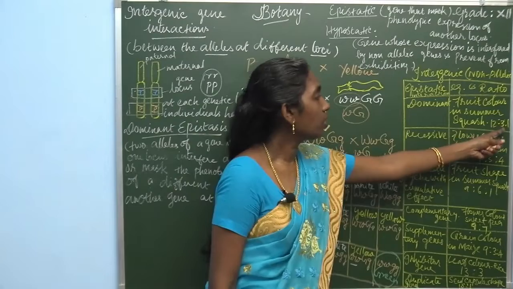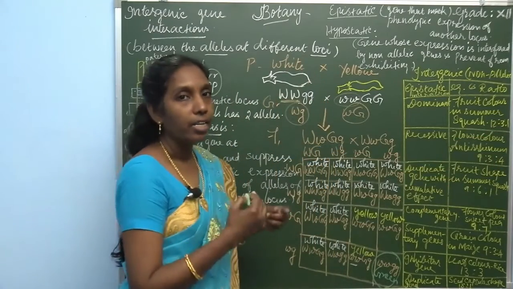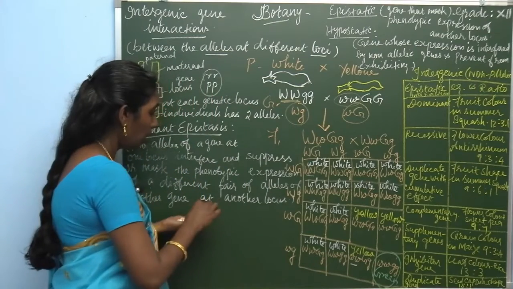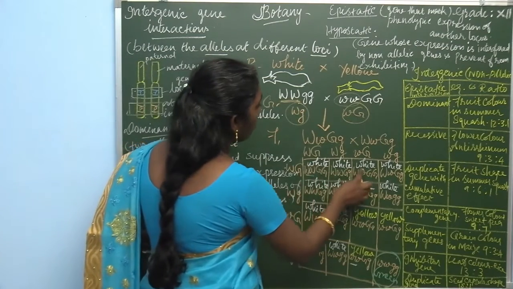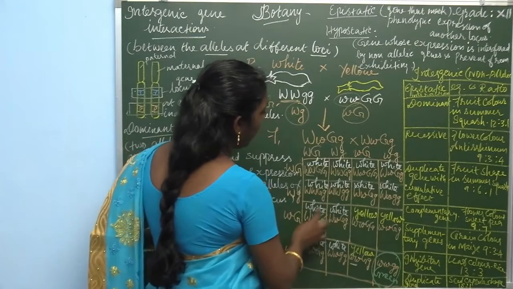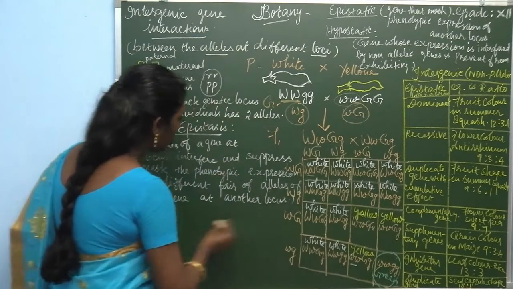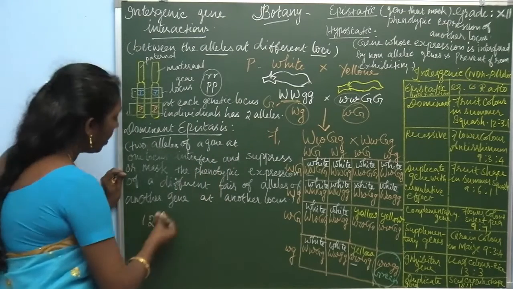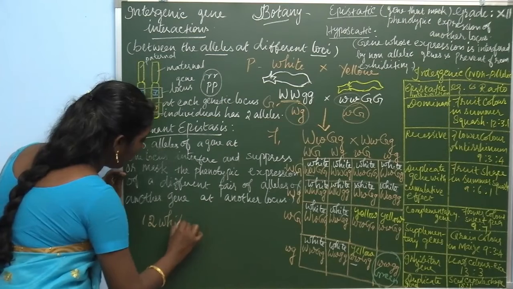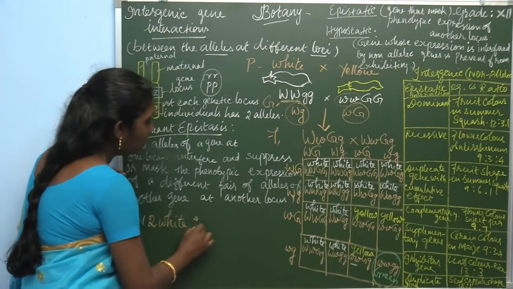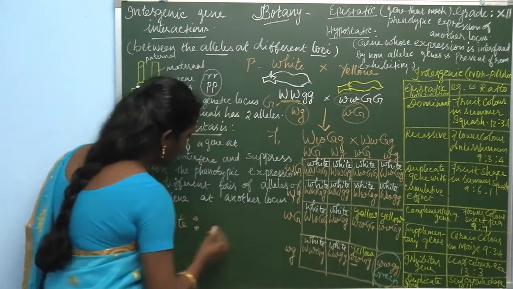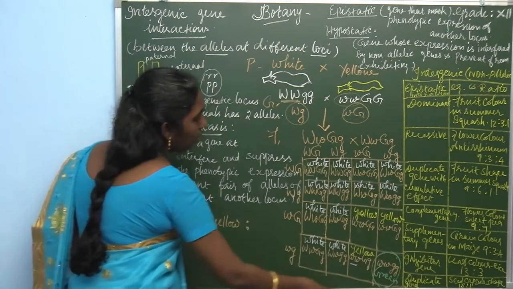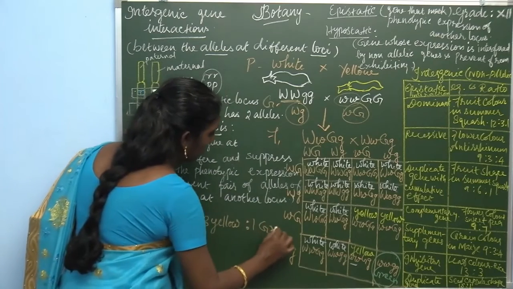So, 12:3:1. Let us check the ratio. Here, how many white does it give in the ratio? 1, 2, 3, 4, 5, 6, 7, 8, 9, 10, 11, 12. 12 white fruit color is to 3 yellow. 1, 2, 3. 3 yellow is to 1 green.